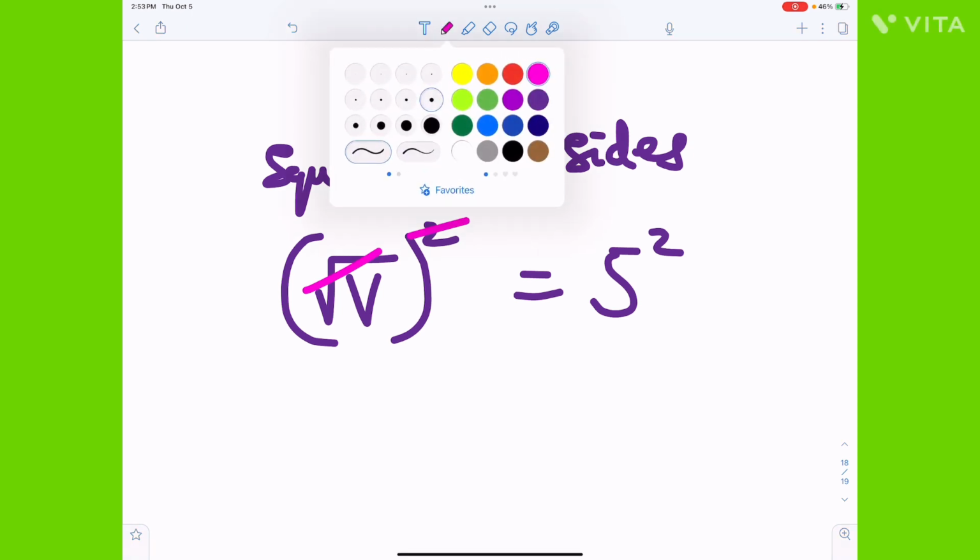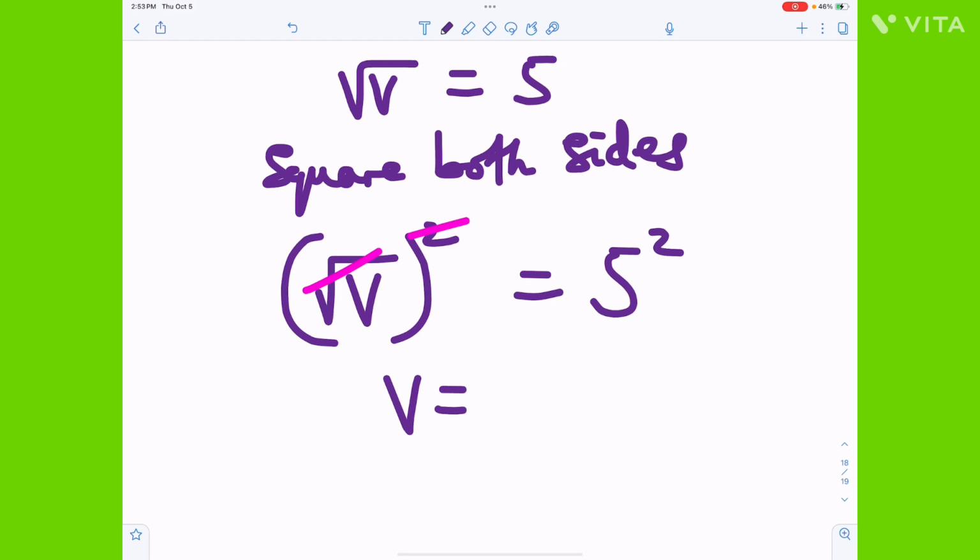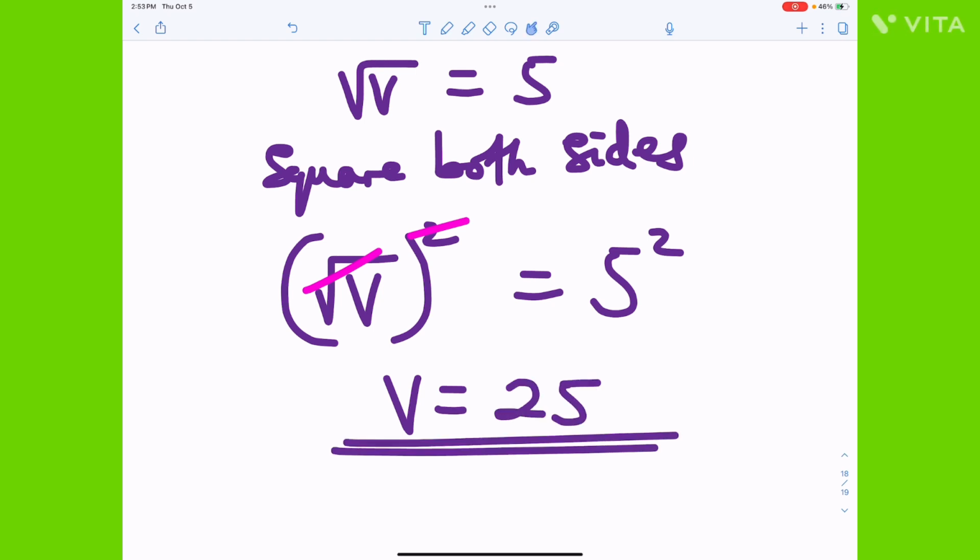So you get v is equal to 25. So v is 25 when t is 18. Take note of that. So let's pause here. We'll do more examples in the next video, and I'll give you some exercise.